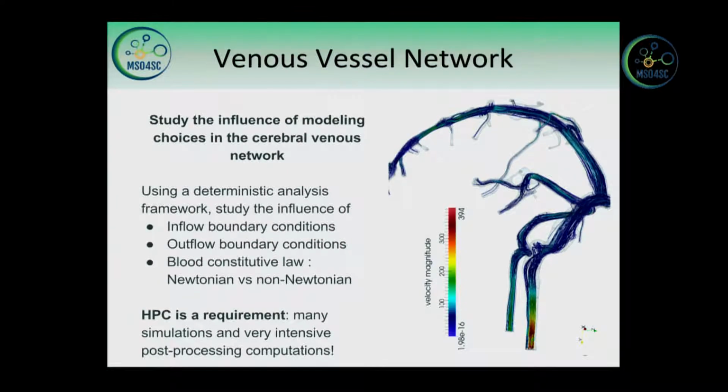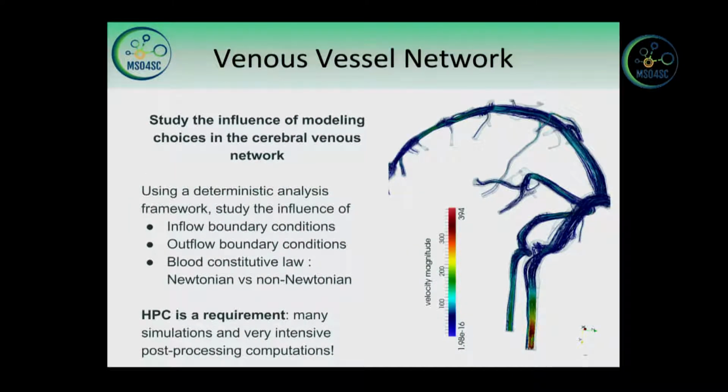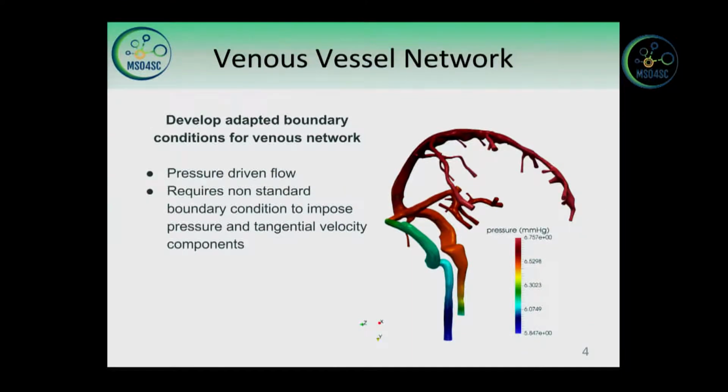This is available in some publications if you are interested, and this allows us to provide some first steps toward the understanding of the blood flow inside the cerebral venous network. So these tools are integrated also in what we provide in our toolboxes.